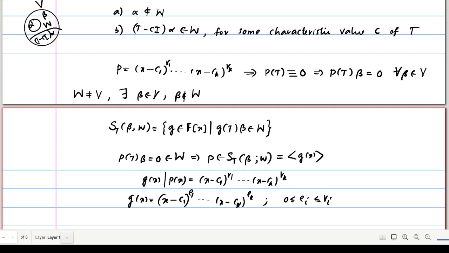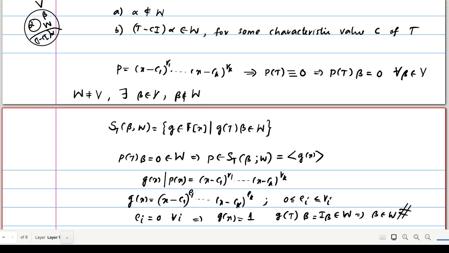And we can also assume that some ei will be greater than 0, because if all the ei's are 0, then g of x will be the polynomial 1, and consequently g of t is the identity, so beta will be an element of w, which is a contradiction.